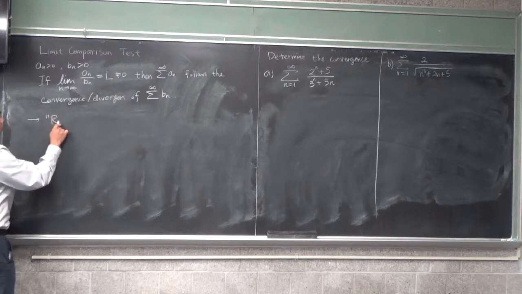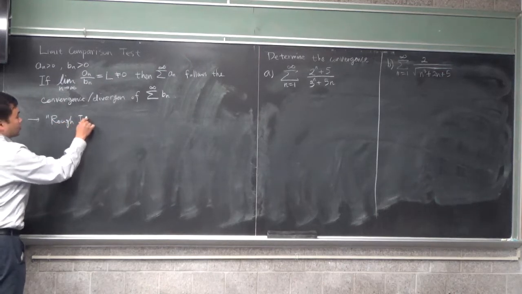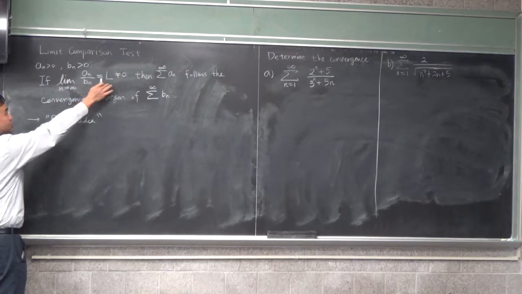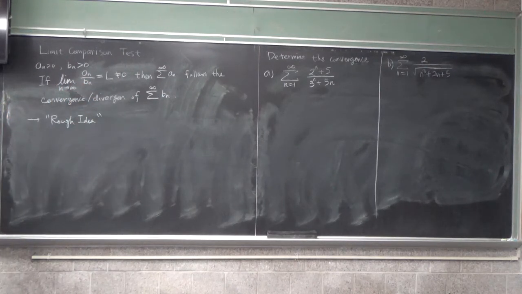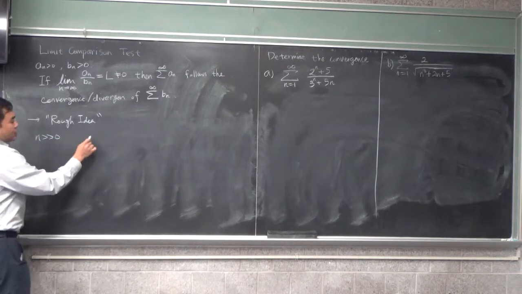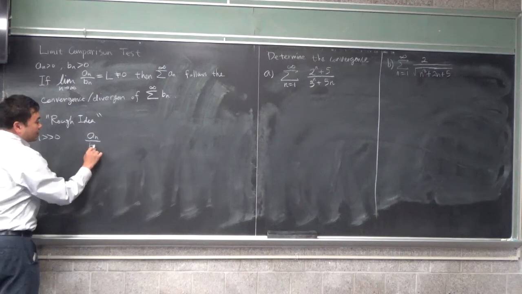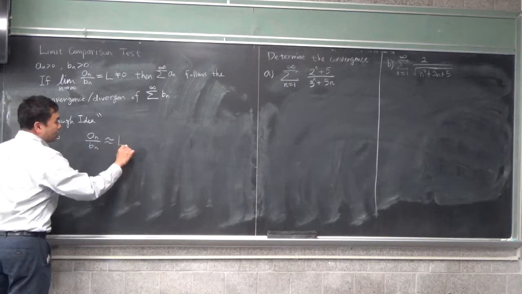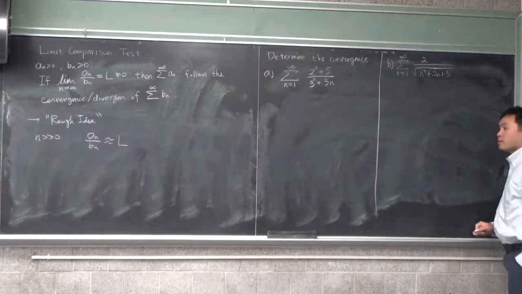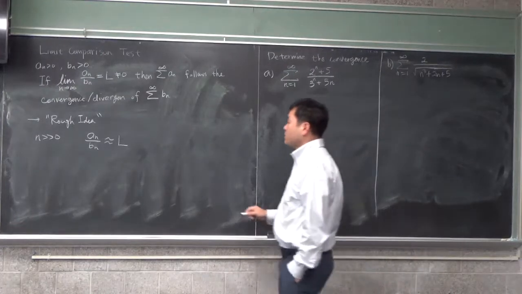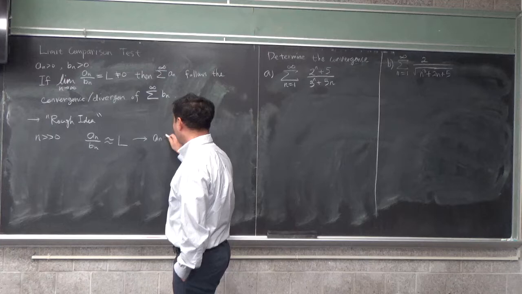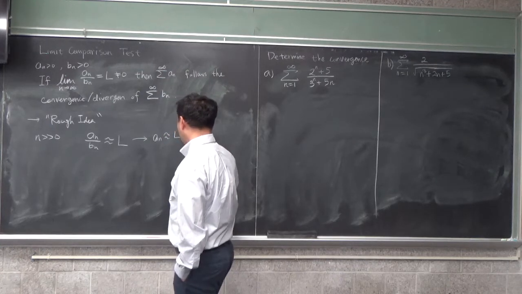having the limit of an over bn be L as n goes to infinity means that when n is very big, an over bn is somewhat close to L. So an is something like L times bn.